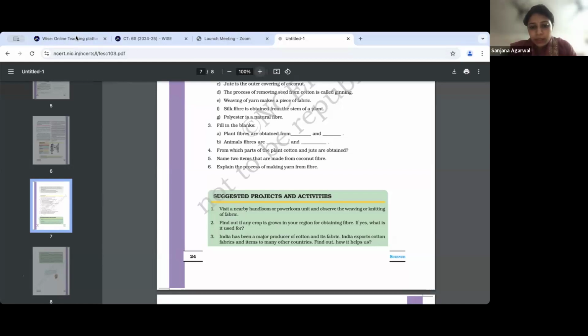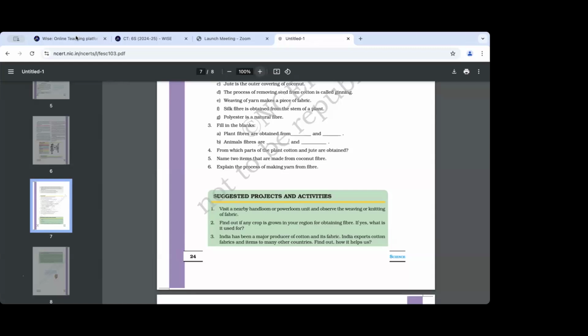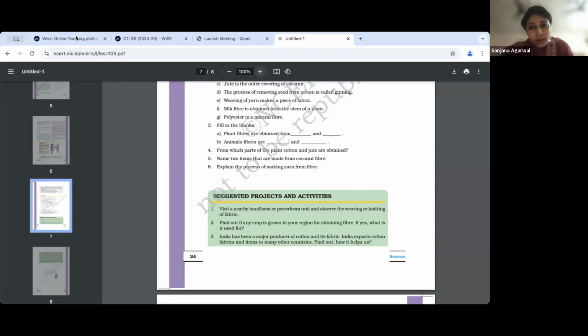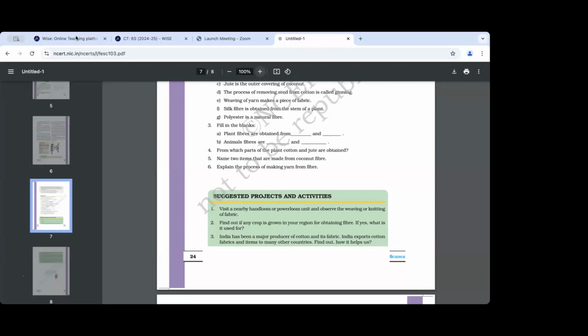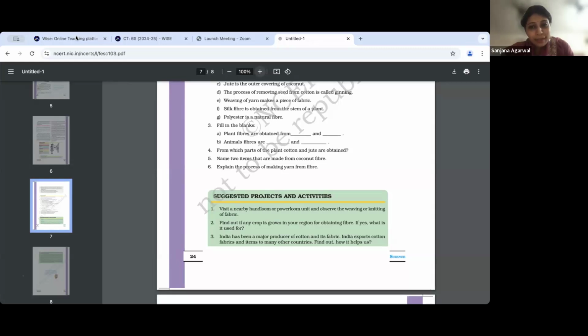Adyakshan, you tell sixth answer. Ma'am, by weighing machine. Sorry, ma'am. One minute, ma'am, I'm thinking. Ma'am, spinning. Not in just one word. Explain a bit.